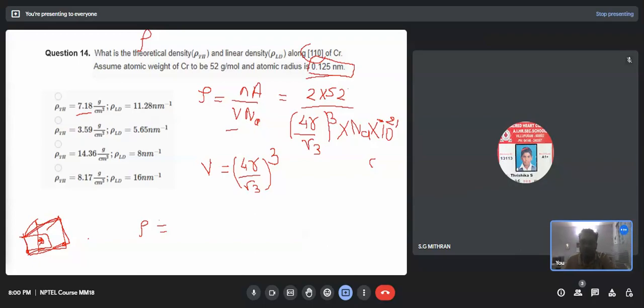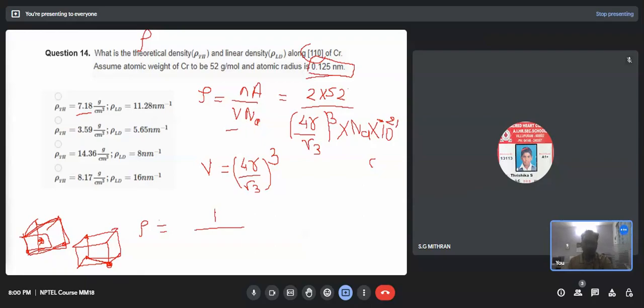It is not a plane, sorry, it is a vector. So this vector they are asking, 1 1 0. Here only one atom is there, so the number of atoms will be 1 for this particular vector.